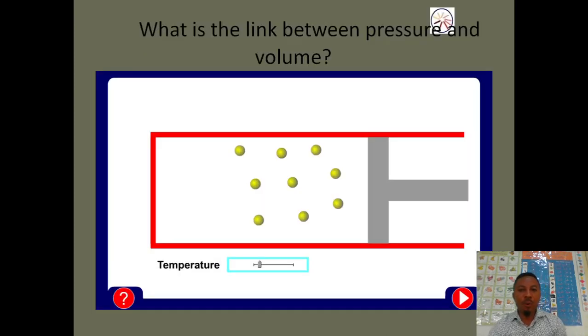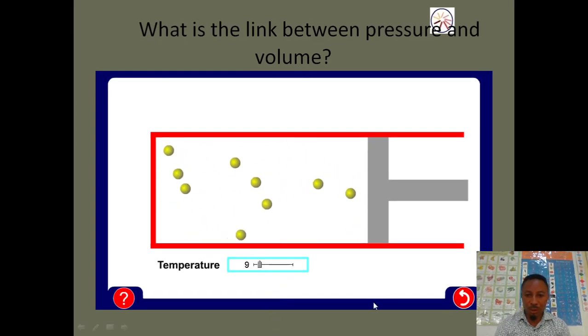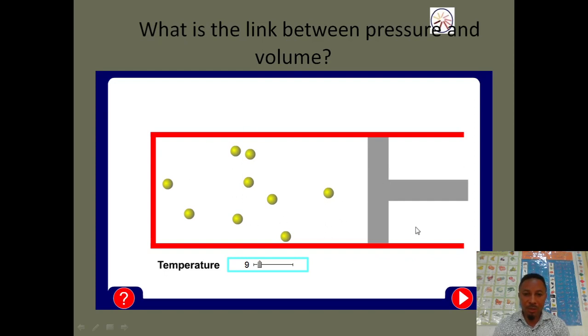All right, now what do you think about pressure and volume? Now this is a case where you have, before I started, a volume, a container sealed up, then a piston, then these tiny things here symbolize molecules.